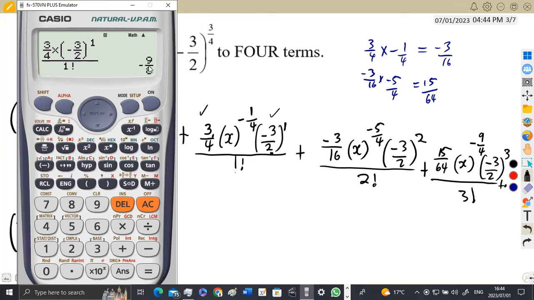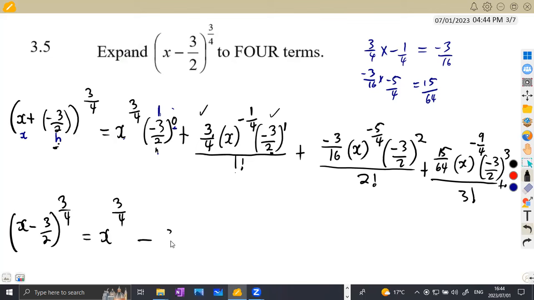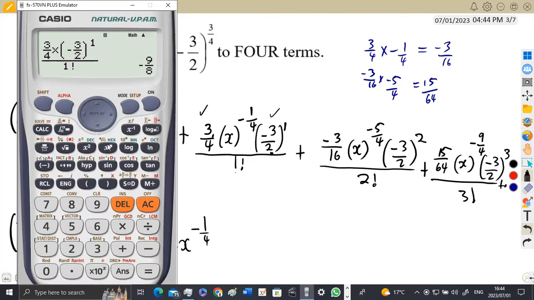So you're going to obtain negative 9 over 8, but with x to the exponent of minus 1 over 4. Take note, there's x here to the exponent of negative 1 over 4. All right, so that's negative 9 over 8 x to the exponent of negative 1 over 4. Then you can simplify the same thing here.